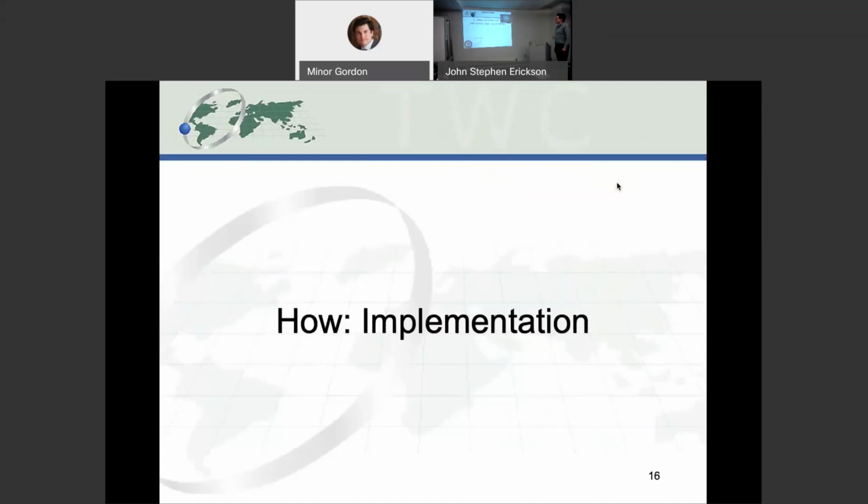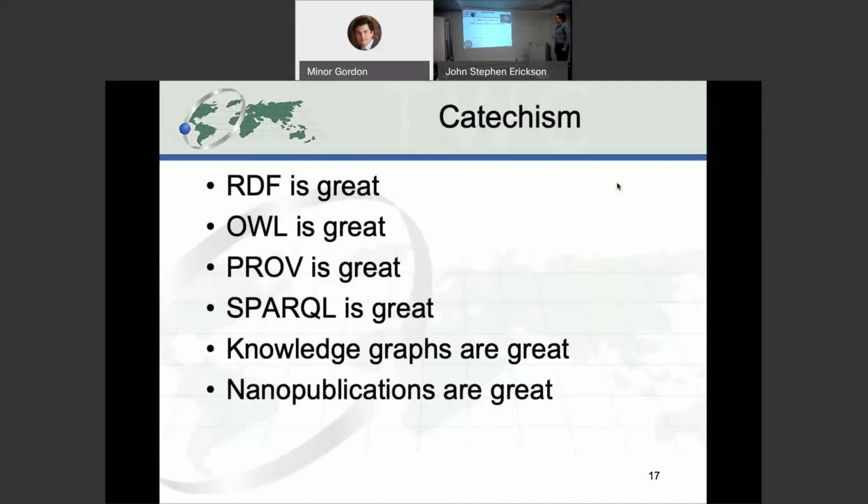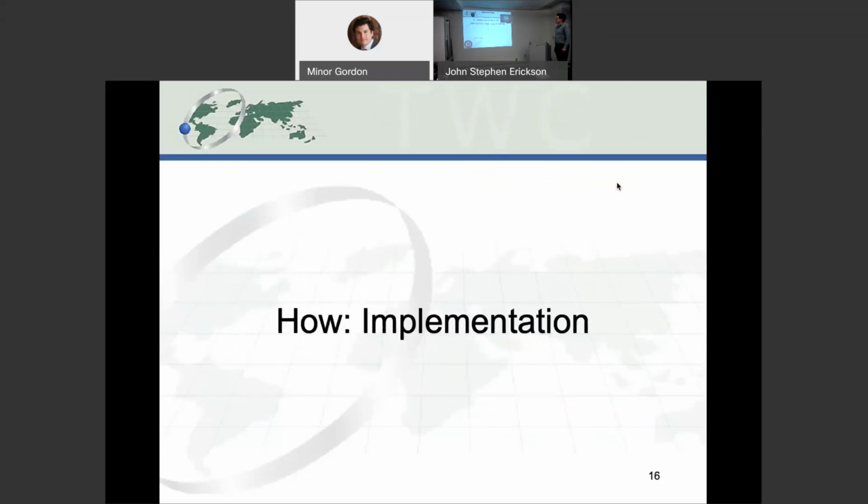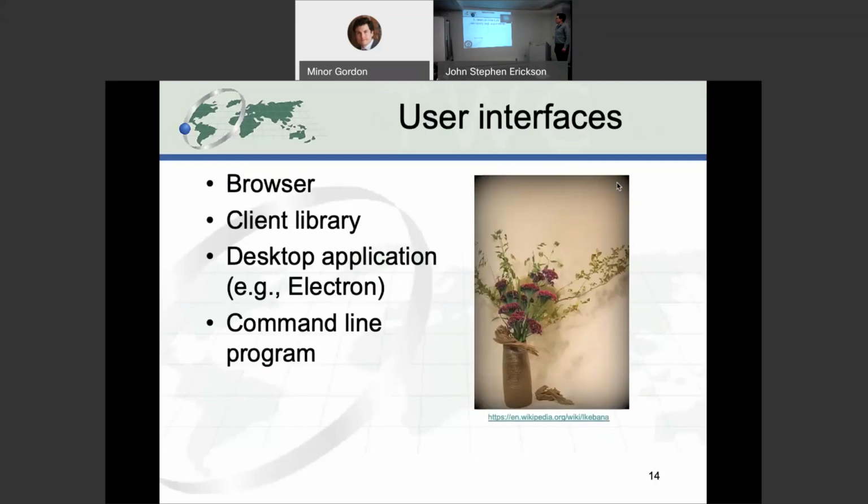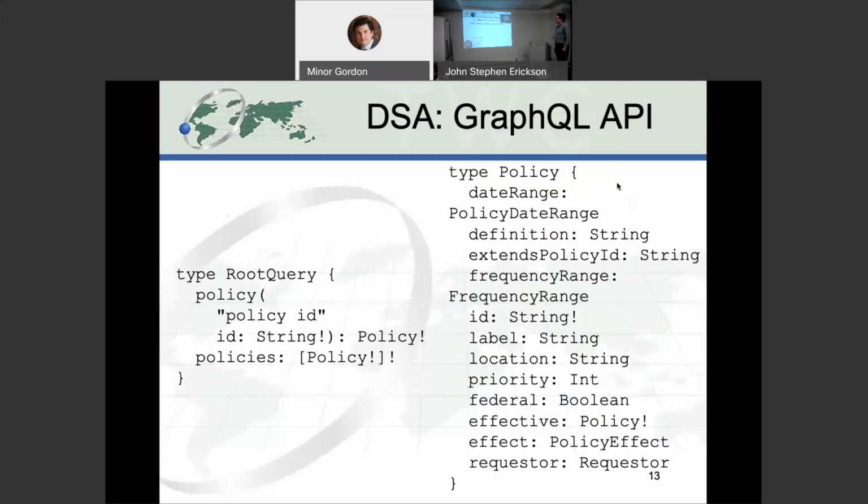Going to the implementation, first of all, can I ask a quick question? Back to the graph type. It seems very similar to, I believe it's Haskell, data types.